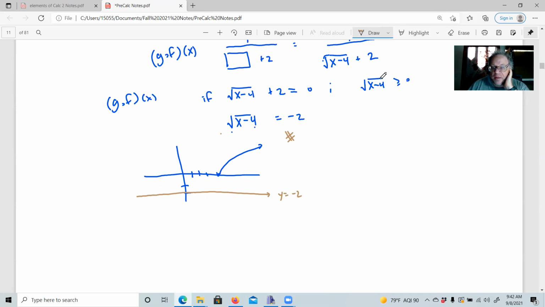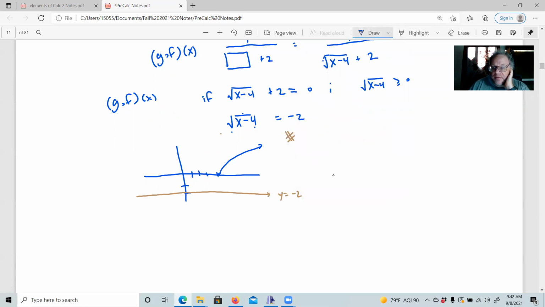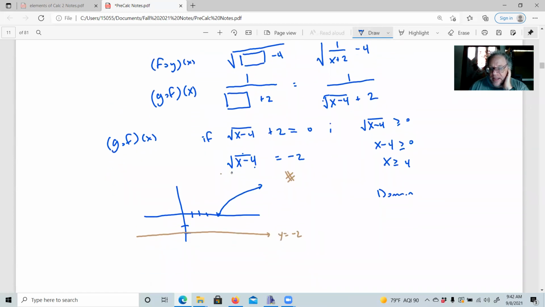Now, the other thing we have to worry about is whether or not it's going to be positive. And at this point, we could say x minus 4 must be greater than or equal to 0. So x has to be bigger than or equal to 4 in order for this to work. So my domain here, for g circle f, is x greater than or equal to 4.